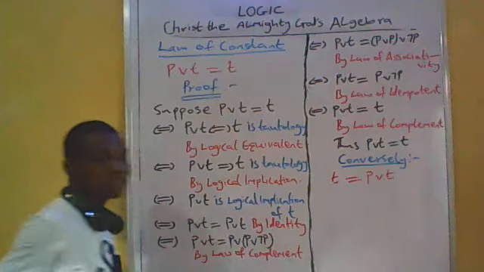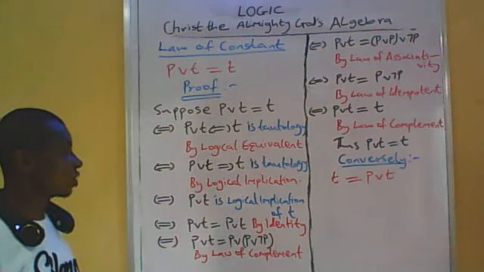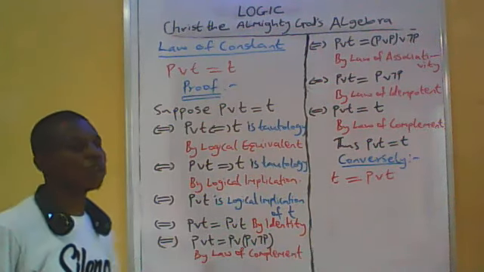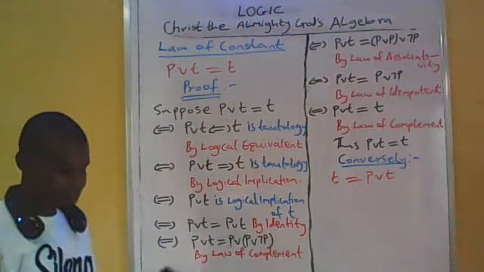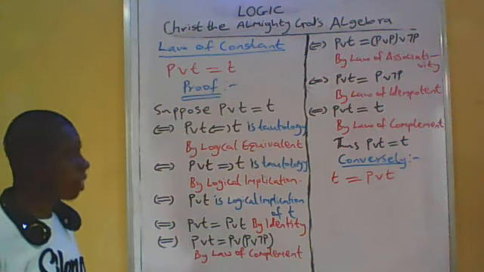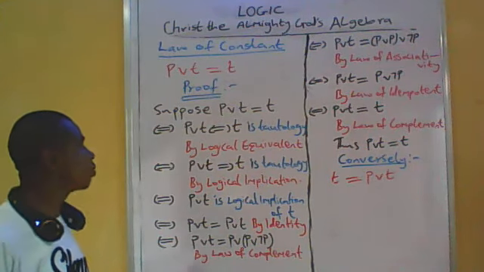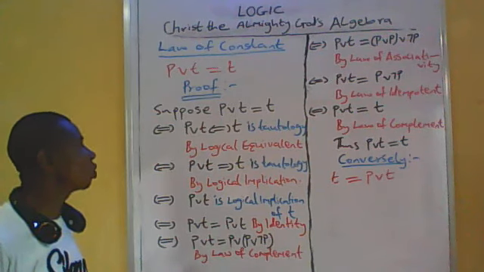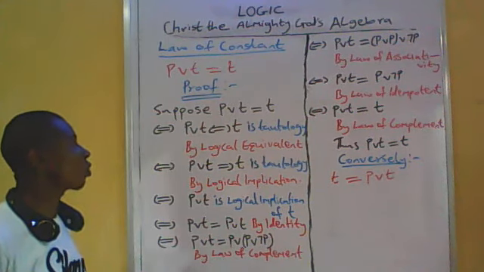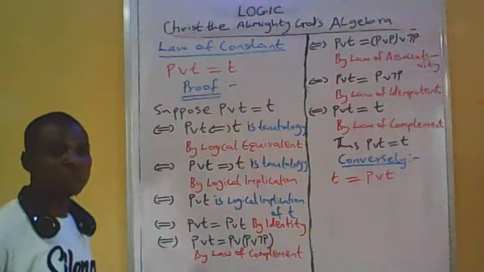That means it is the converse. We are going to prove this converse so that we establish that P or T is equal to T is the law of constant by disjunctive statement.